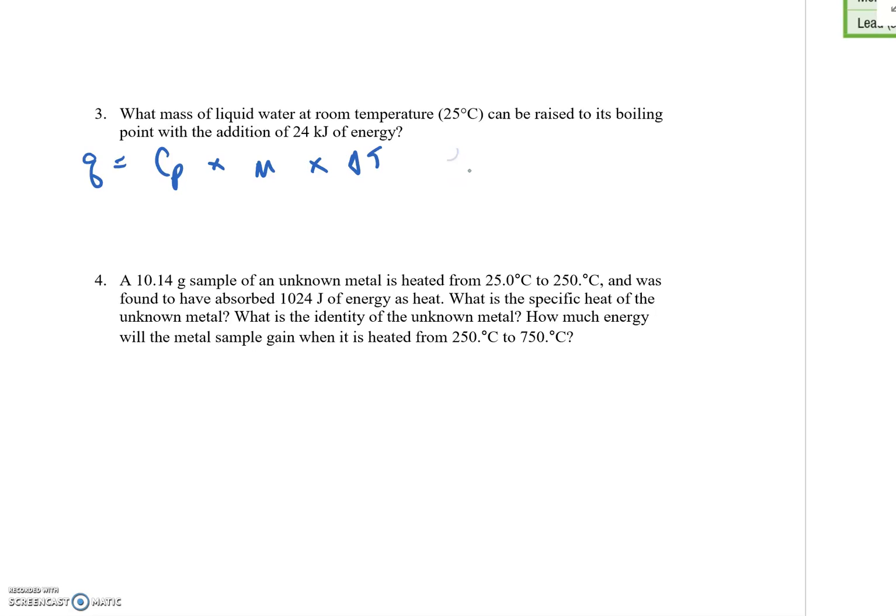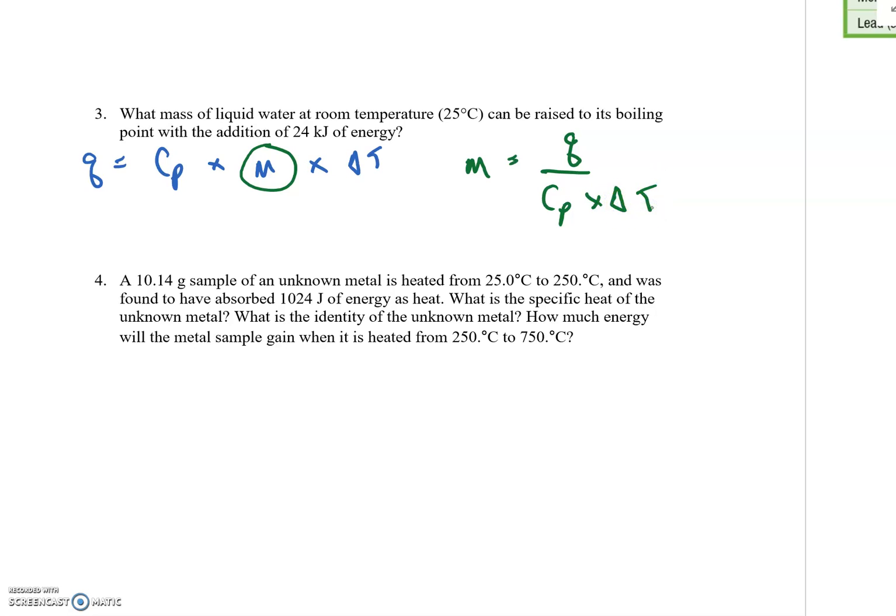So for this particular case, what we're going to do is set this equation up to find mass. Since we want to keep M by itself, we'll divide both sides by Cp and delta T. So that gives us M is equal to Q over Cp times delta T.